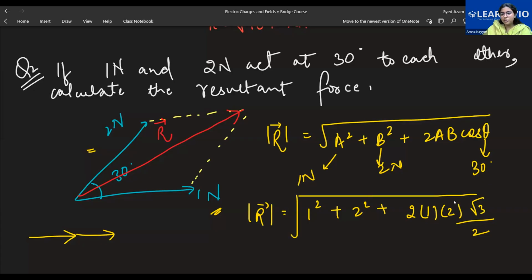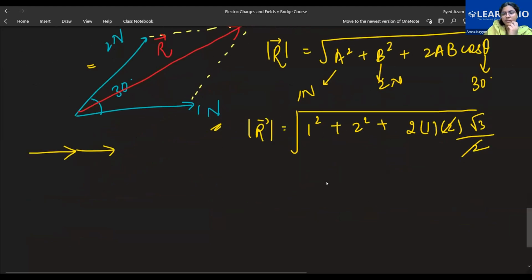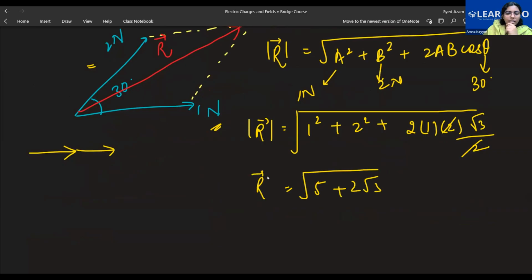So this 2 will be cancelled. This will be 1 plus 4, that is 5, plus 2 root 3. This much under root will be the magnitude of the resultant. This you can solve later. You can put the value of root 3 also, you can check by putting 1.73.